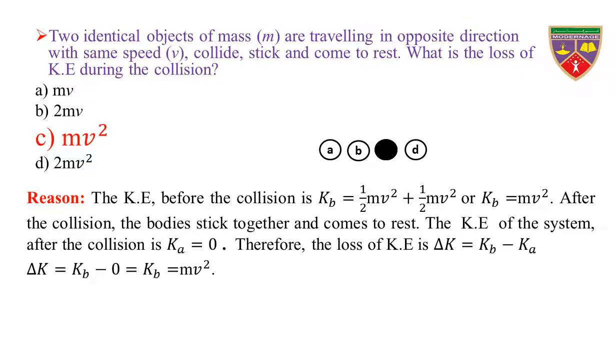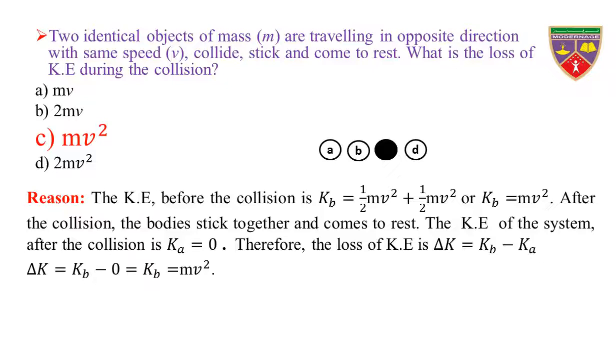Reason. The kinetic energy before the collision is Kb = 1/2 mv² + 1/2 mv², or Kb = mv². After the collision, the bodies stick together and come to rest. The kinetic energy of the system after the collision is Ka = 0.